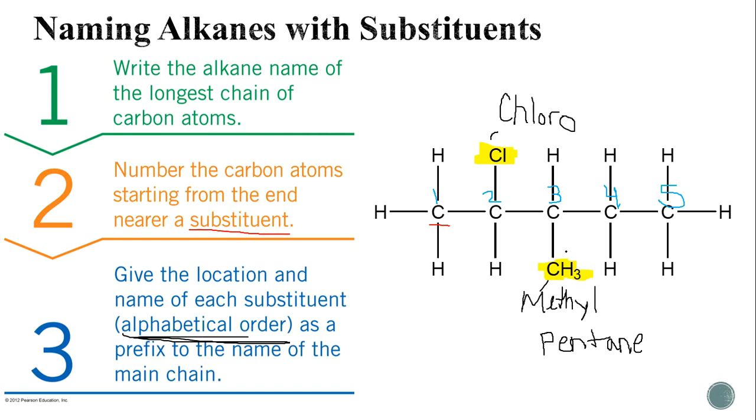So if I'm doing it in alphabetical order, C comes before M, so I'm going to put chloro down first. So I'm going to tell the viewer on the second carbon in the chain, there's a chloro group. Okay. And then on the third carbon in the chain, there's a methyl group.